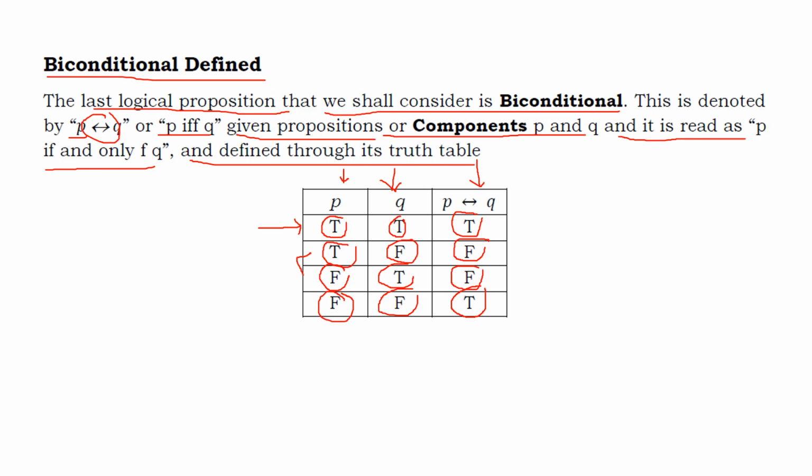In other words, if both of them are true or both of them are false, then the resulting value for the biconditional of these two propositions is also true. That's how we see it.